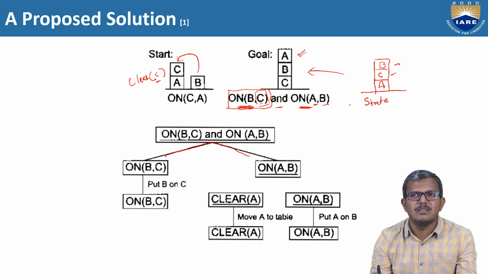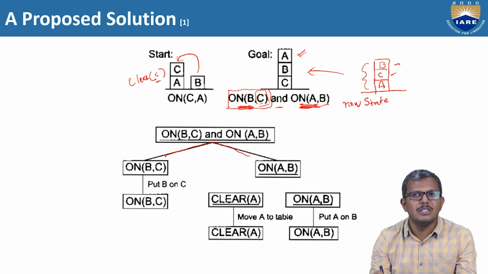We compare whether this is our goal state or not, and the newly came state is not the goal state. That means we have not resolved this on A comma B still. But if you observe more clearly, in order to resolve this particular case, we need to disturb these blocks.